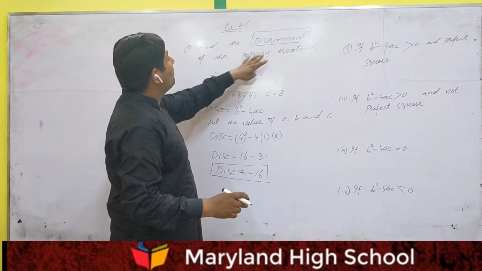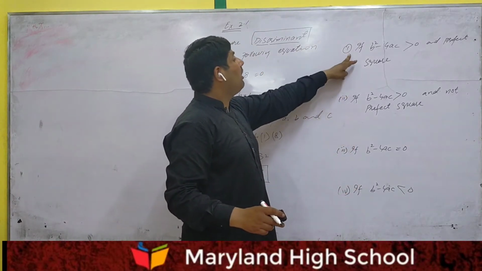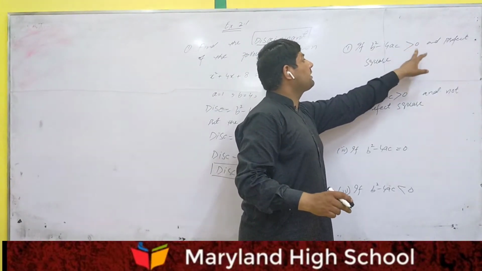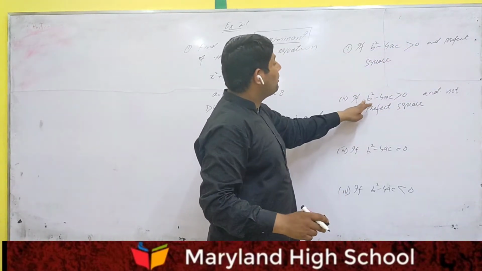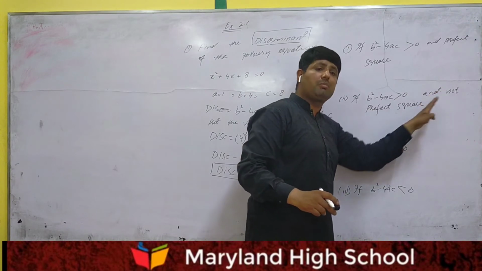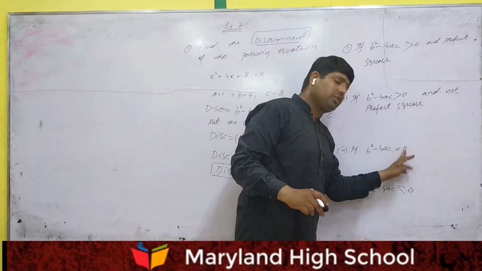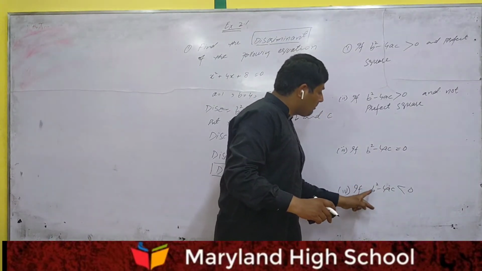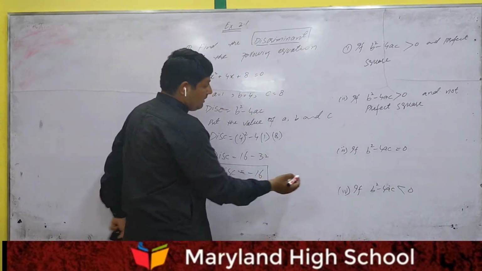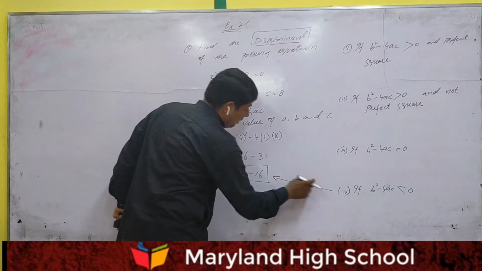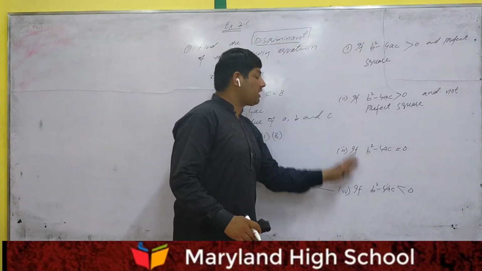The answer of the discriminant is in 4 forms. Either b square minus 4ac is greater than 0 and perfect square, or greater than 0 and not perfect square, and third condition b square minus 4ac is equal to 0, and fourth condition b square minus 4ac less than 0. It means one of these rules is applicable on this equation. The 4 rules show the nature of the equation.